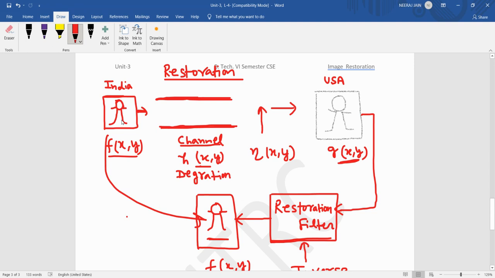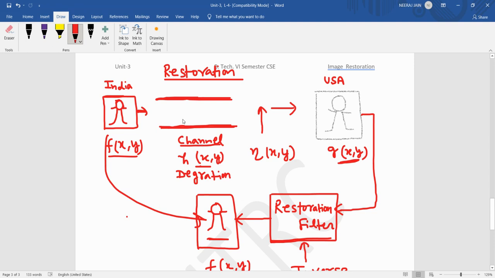For sending it at a distance, it will be sent through a channel, which can be a wired or wireless channel, and suppose the degradation occurring during the channel is denoted by h(x,y).